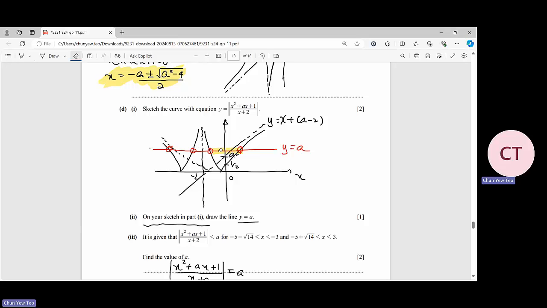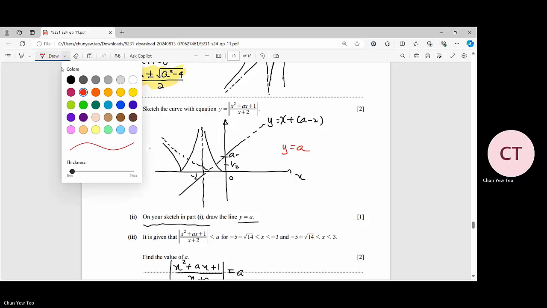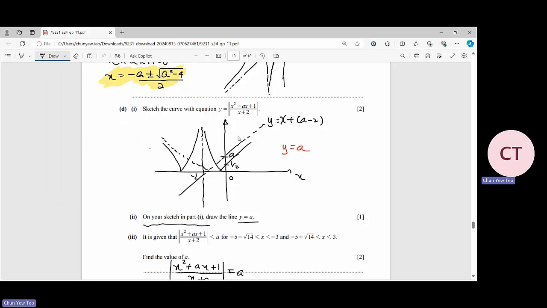So this one I erase. Oops. So this is the original graph, like this.